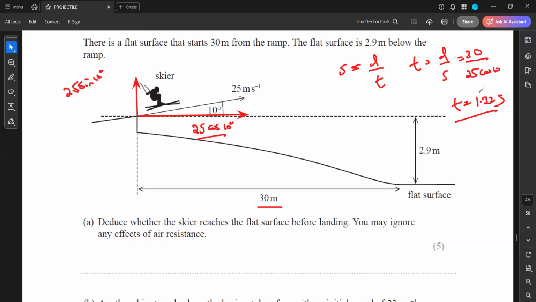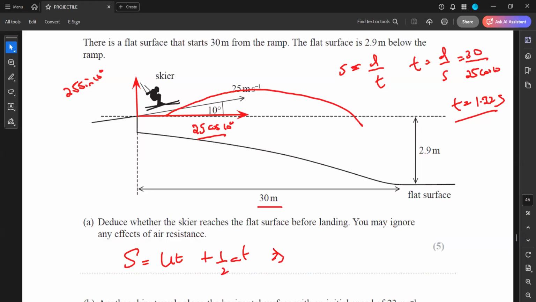Now using this 1.22 seconds, we'll find his displacement. Again we use the formula s equals ut plus half at squared. Because I'm taking a fall motion, do I take acceleration as positive or negative? Negative. So we substitute the values.